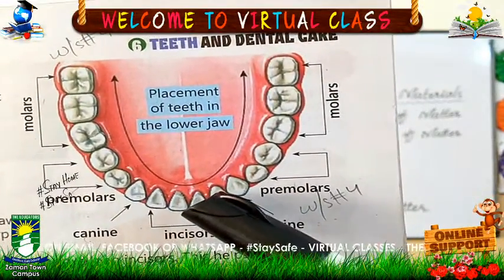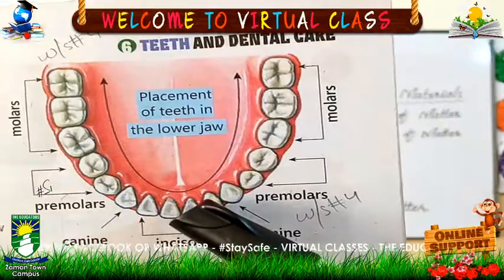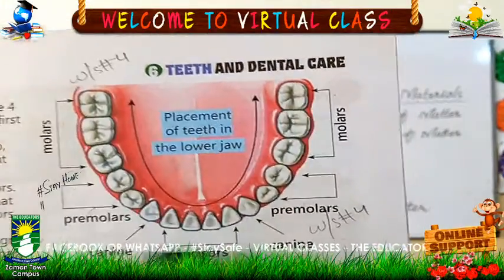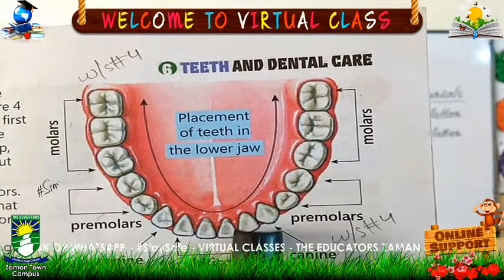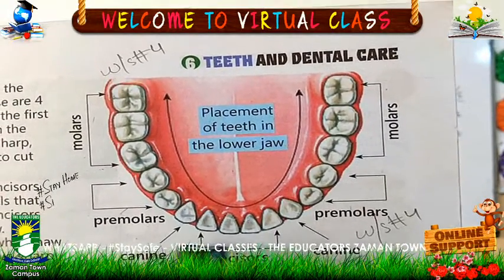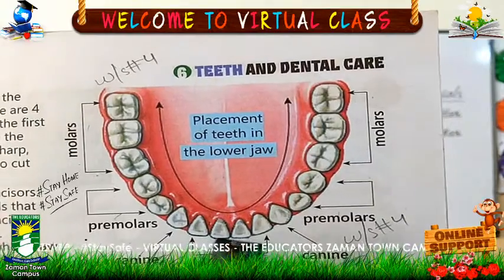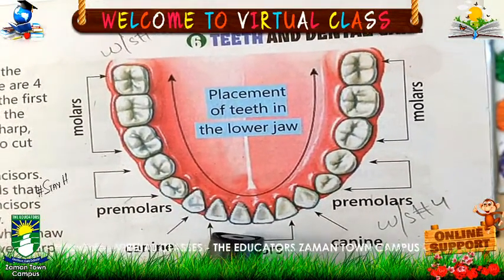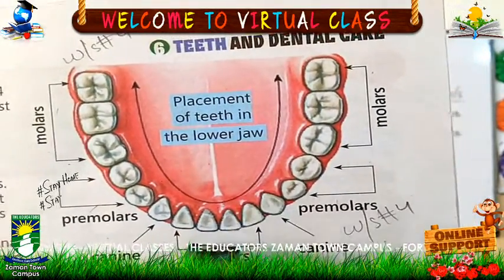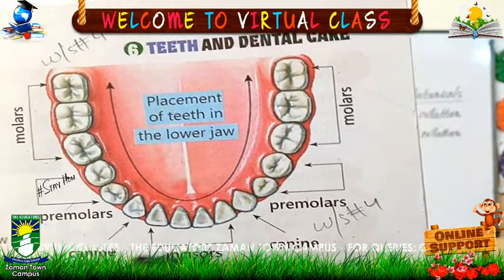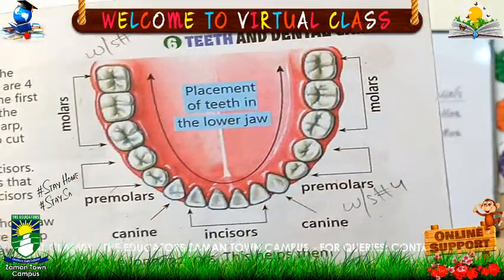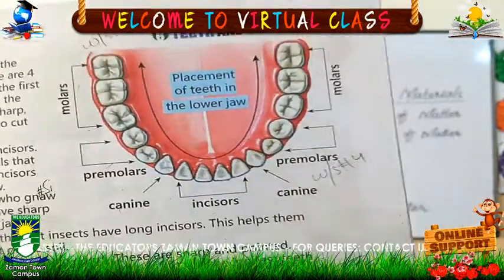We have 2 types of jaws, lower jaw and upper jaw, but this picture is all about the lower jaw. Here we have 4 incisor teeth, and these teeth help us to cut and bite the food. Most herbivore animals have big incisor teeth so that they can cut and bite vegetables or grasses.